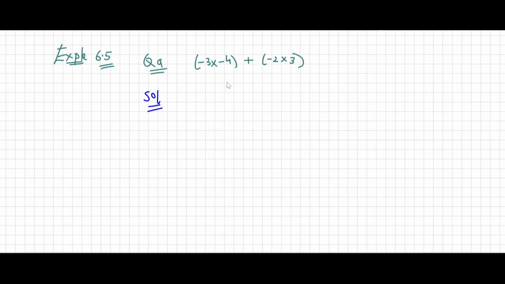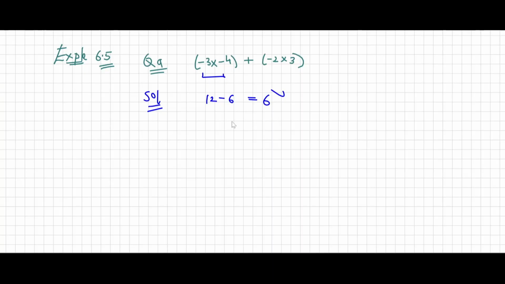First of all, there are brackets given, so solve the brackets first. Minus 3 into minus 4, when we are doing a multiplication, it becomes positive. But don't do it with the addition and subtraction. So it will become 12, and minus 2 into 3 becomes minus 6, and it will give you 6. 12 minus 6 is equal to 6.